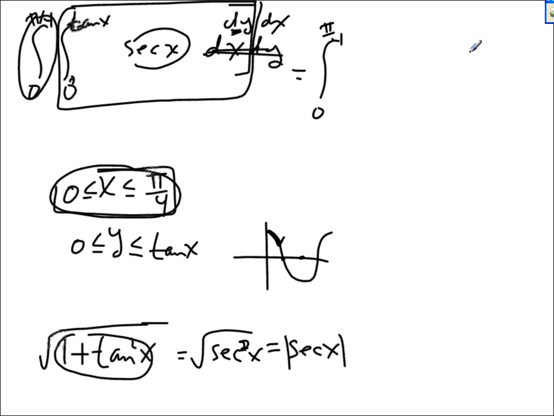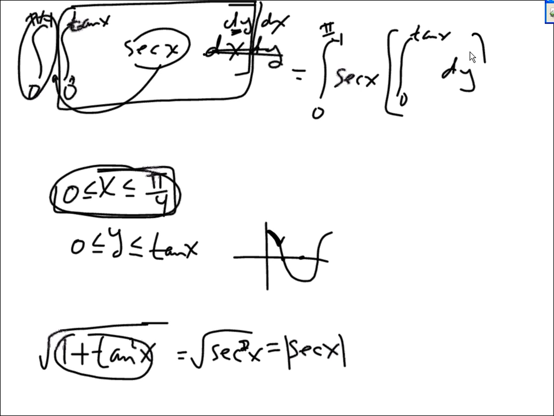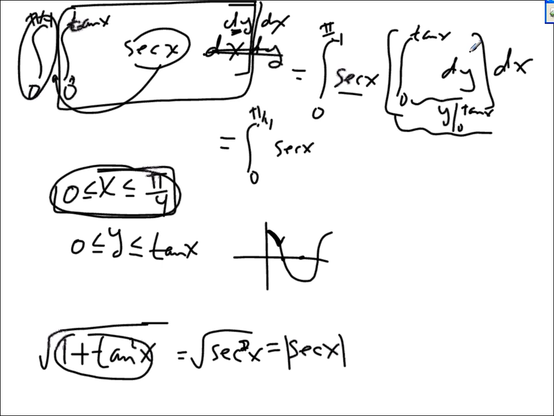It's 0 to pi over 4 of secant x, I'm bringing the constant in front, times the integral from 0 to tan x of dy dx. Well, the integral of dy is y, from 0 to tan x is just tangent x. So this becomes the integral from 0 to pi over 4 of secant x times tangent x dx.